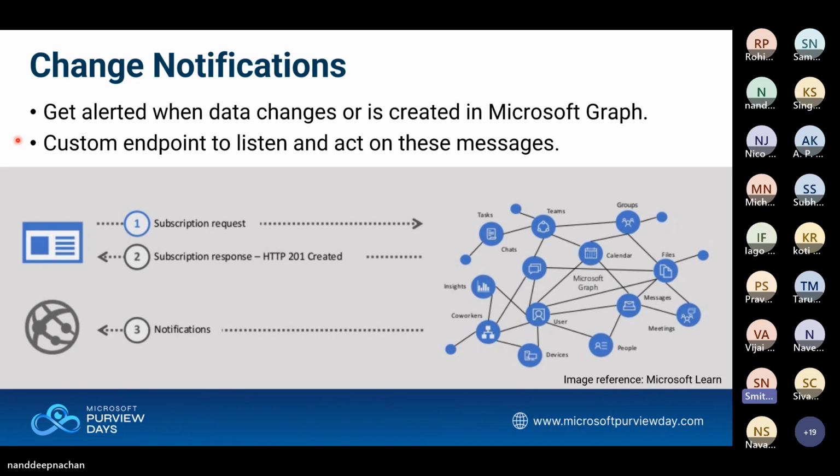Another one is when a new user is added to your organization, you want to automatically create an account for that user in your corporate third-party time tracking system and send them an email alerting them that their new account has been set up. And one more scenario is when a new file is added to OneDrive, you want to take some actions on it. So let's see how these subscription requests work.